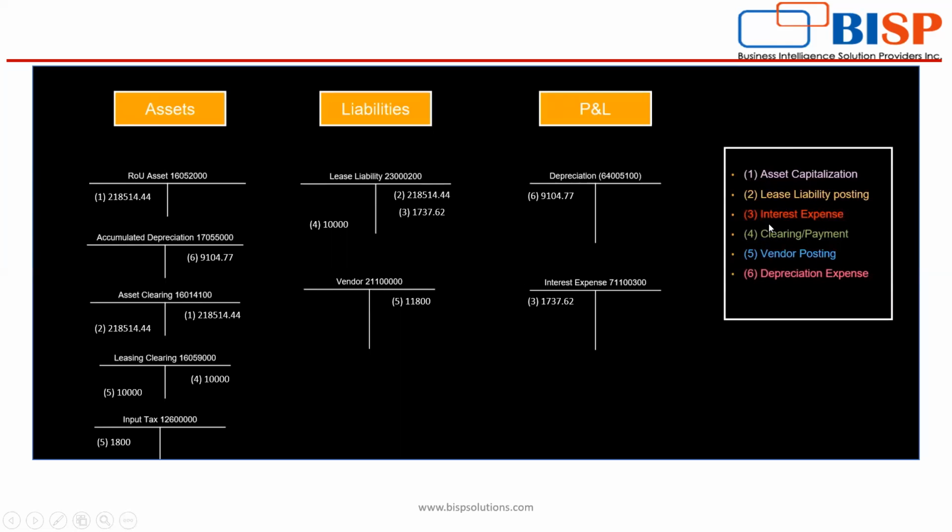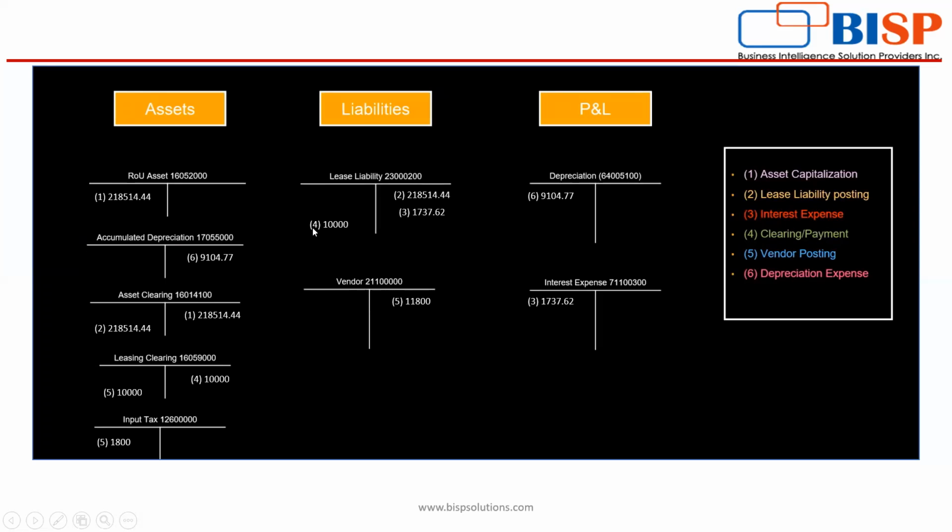We need to book the interest expense yearly or monthly. So what will be the entry? The entry would be interest expense, which would be debited under the P&L account, and interest liability would be credited. So this will increase my lease liability. The fourth is the clearing payment account. So what entry would we do while making the payment?